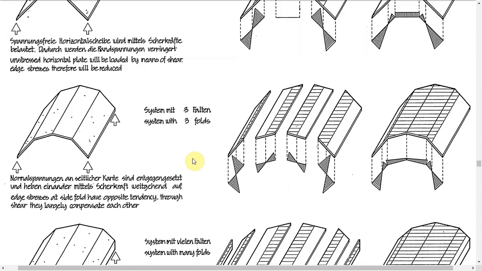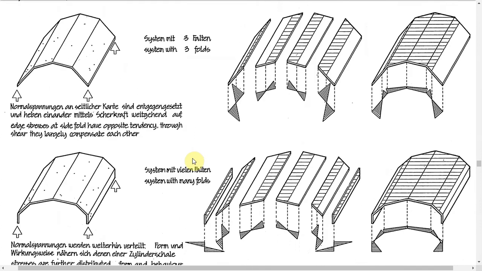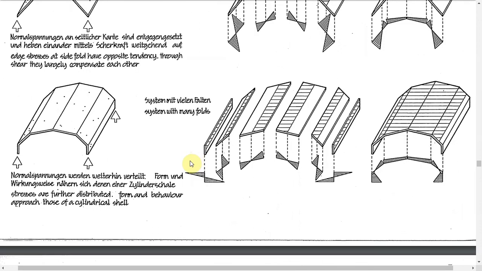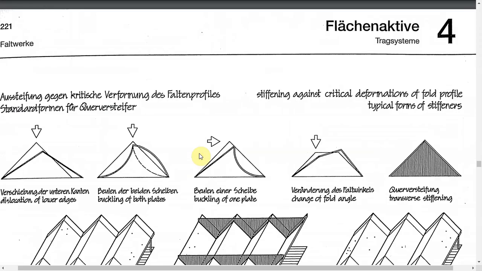They largely compensate each other, right? So stresses are further distributed as we go on increasing the number of folds, and the form approaches a cylindrical shell, right?